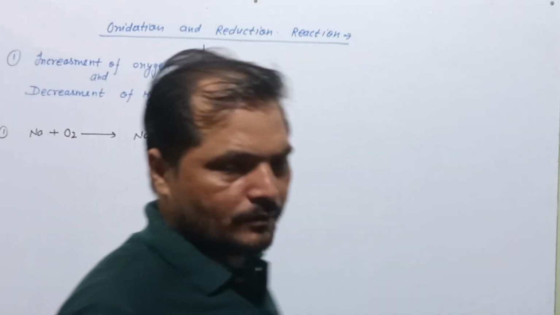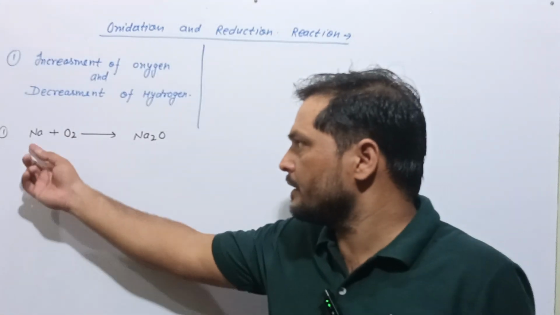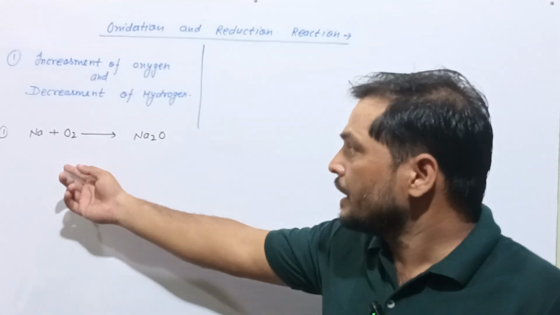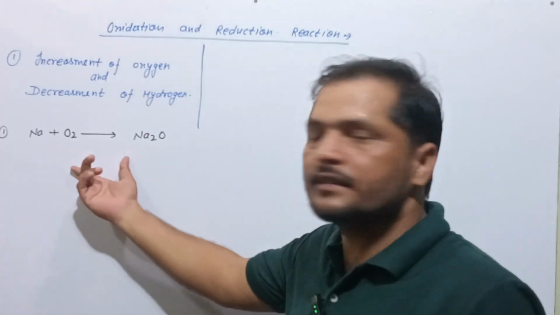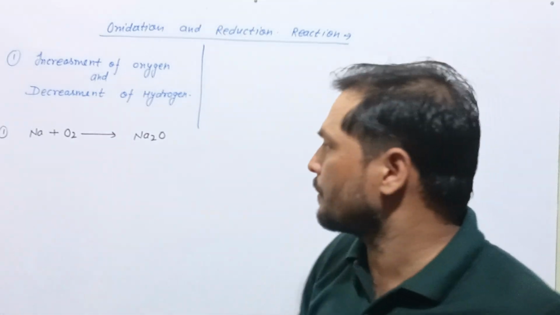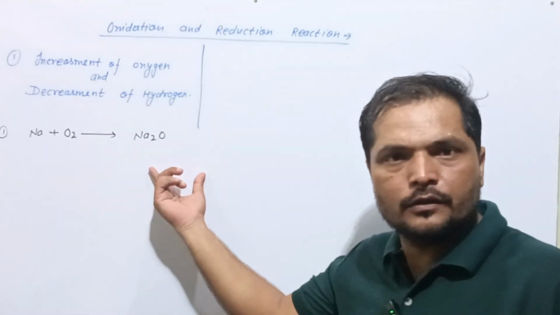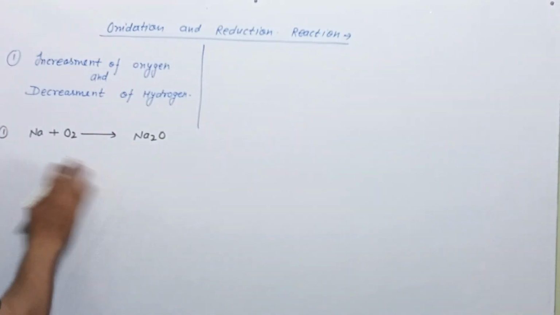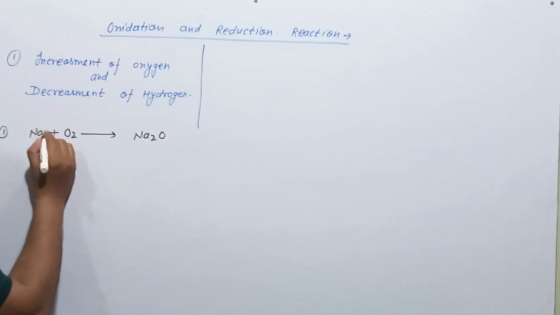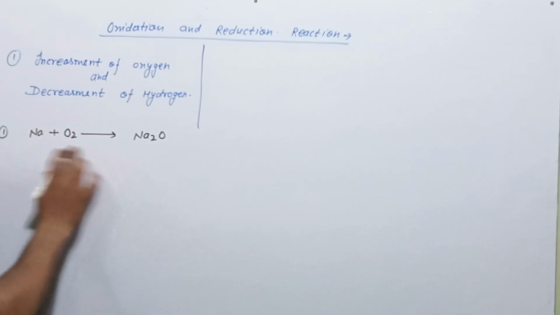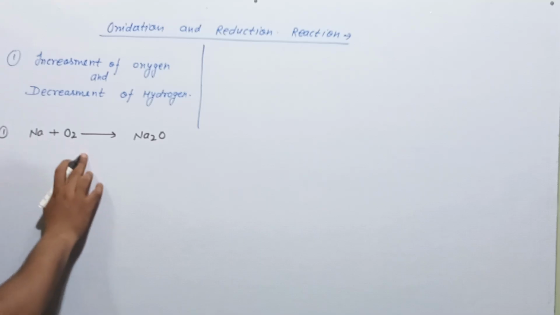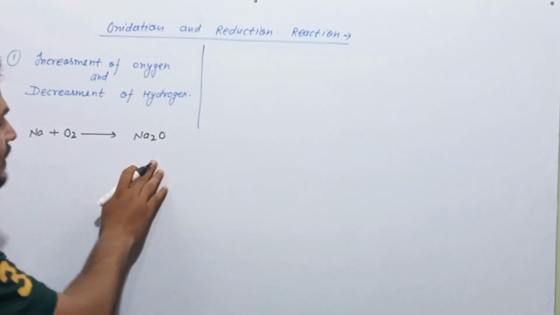Na is the symbol of sodium, and if it comes in contact with oxygen, it gives the product Na2O. Now we can see that in this chemical equation, sodium is gaining oxygen, means the oxygen has been increased in sodium.